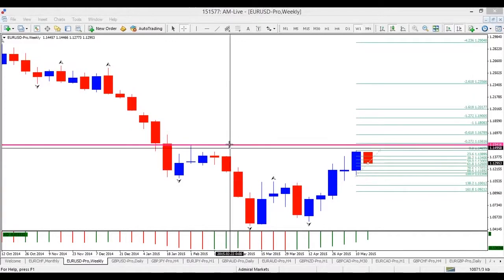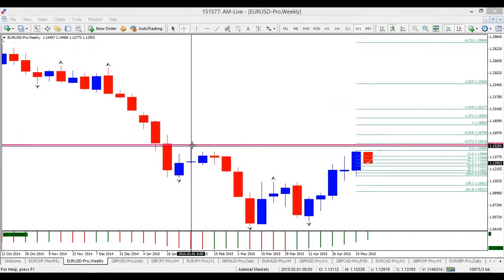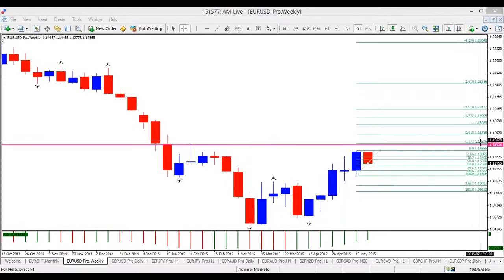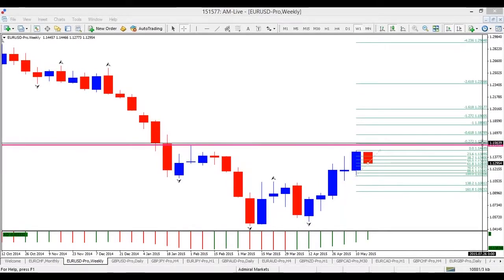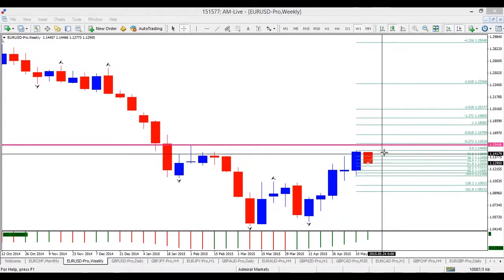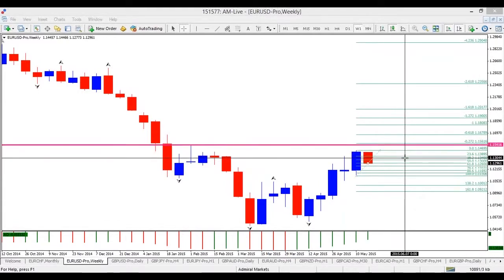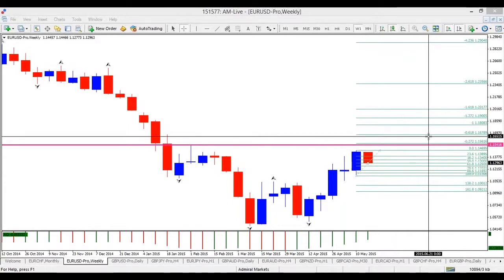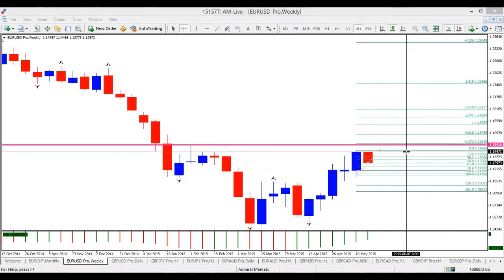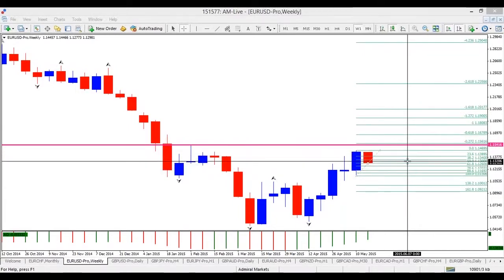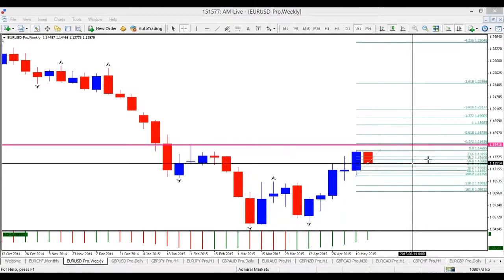The reason is that we have a resistance spot here, this resistance line, plus a -272 target. 115.50 could definitely be a spot where price hits and retraces back down before moving up again. So if you don't want to live through a second pullback, then aiming for a bit more conservative 115.40 makes sense.